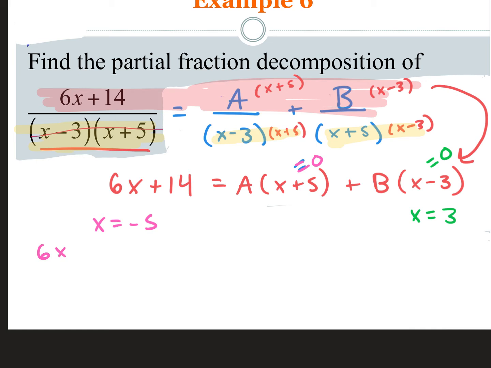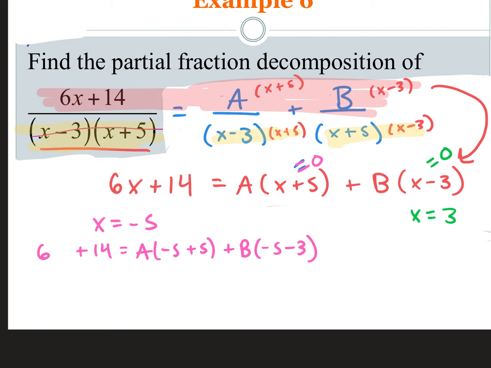So I have 6x plus 14 is equal to a times -5 plus 5 plus b times -5 minus 3. Oh yes, I have to plug it in on the left also.